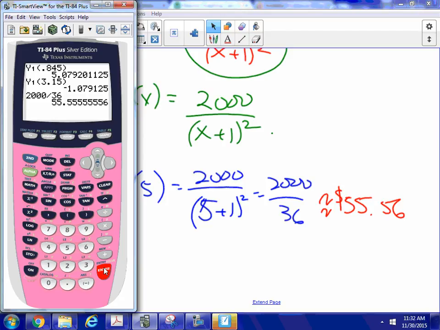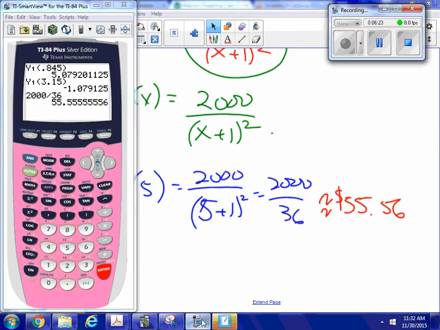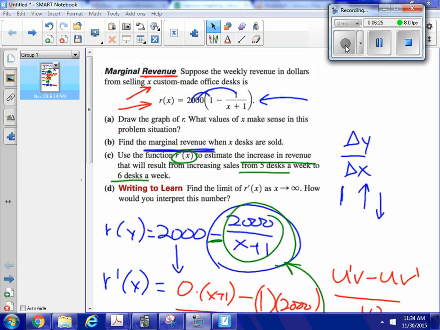So the last question asks us to write something. It says, find the limit of r prime as x approaches infinity, and then how would I interpret this number? Well, okay, we can find the limit of this.